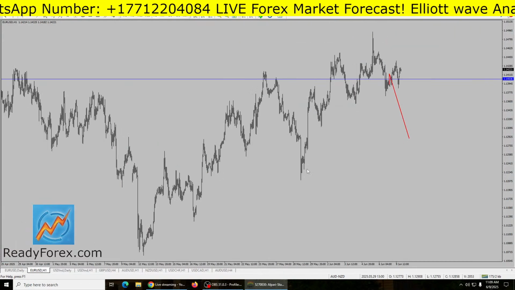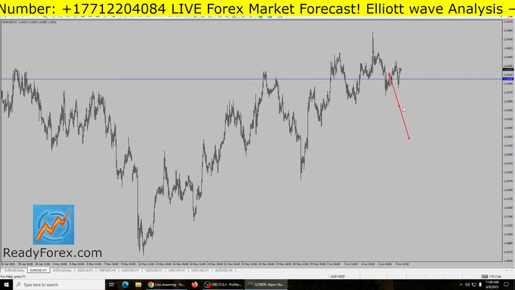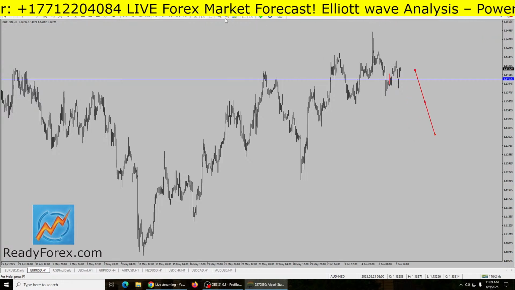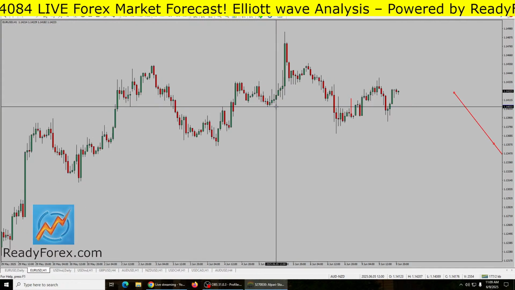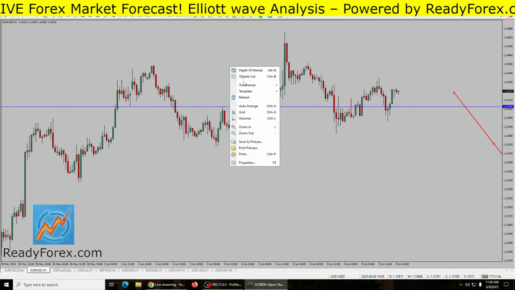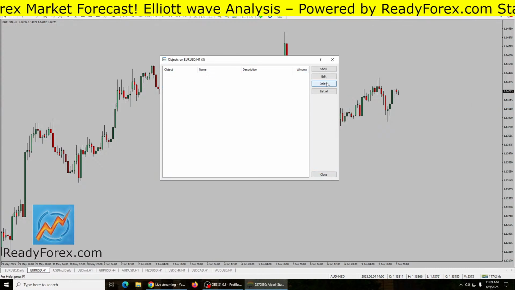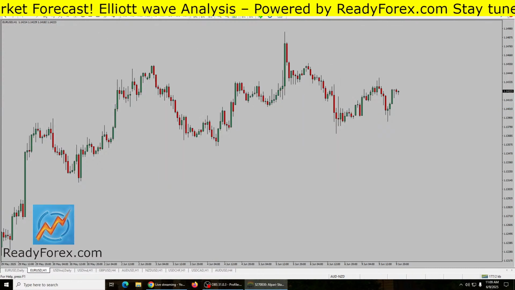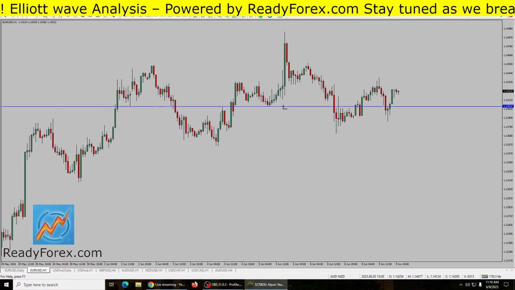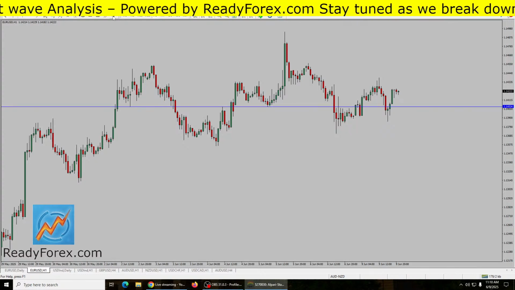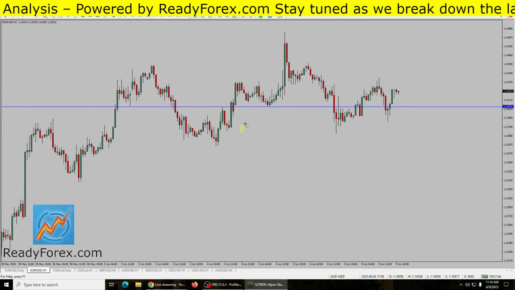Next, let's take a look at the 1 hour chart. I was expecting a top in the Euro dollar currency pair and a break below this level. So far we got nothing. In other words, this is the support level right over here. Let me draw an arrow.